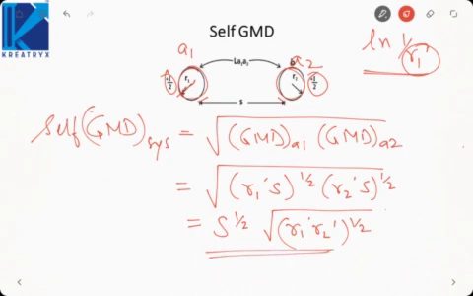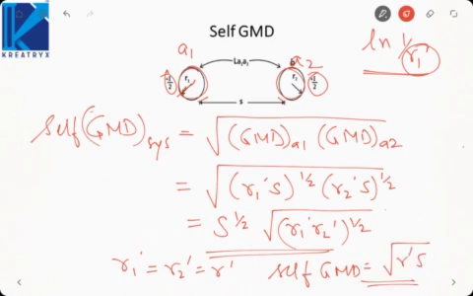That will be the self GMD of the system. In case R1 dash equals R2 dash equals R dash, then self GMD becomes under root R dash into S. So that is for the system. Whenever you are calculating GMD, self GMD or GMR of a system, just take the geometric mean of individual conductors. That is what you have to do in each and every case. That is why it is known as geometric mean distance or geometric mean radius.